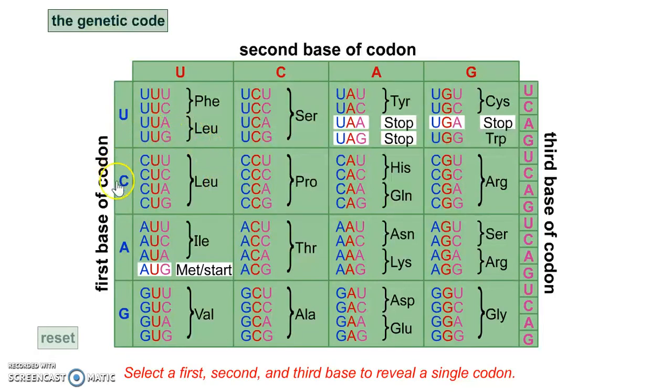These all are going to code for that amino acid leucine, along with two others over here. And so this is what's known as degeneracy. And because of this, if you have a mutation in this position right here in the codon, oftentimes it will not result in a massive change in the protein that was coded for by that gene right there.